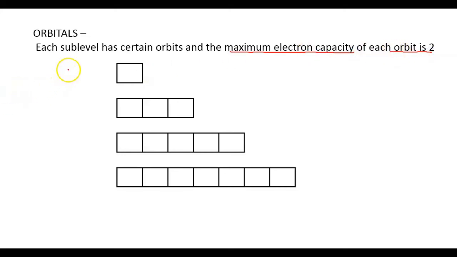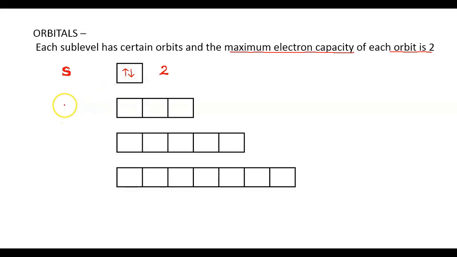For example, in the S subshell you can see only one orbital, and the maximum electron capacity is 2. According to Pauli's exclusion principle, the two electrons you arrange must be of different spin. That means if one electron is in the upward direction, then the next electron should be in the downward direction.